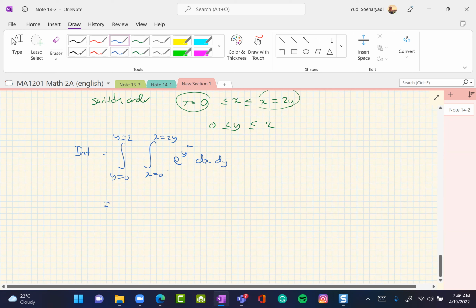Because this contains y and you integrate with respect to x, this goes outside the integral, so you have e to the y squared times the integral of dx, which is just x.